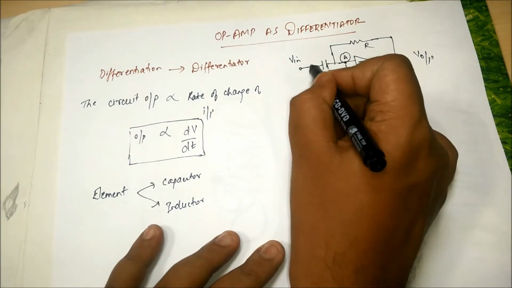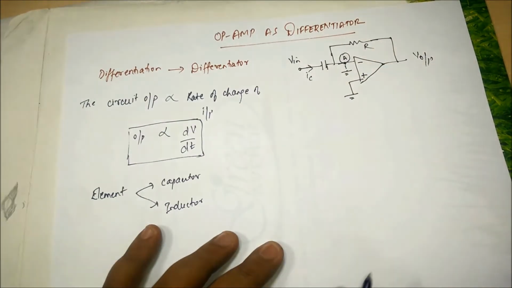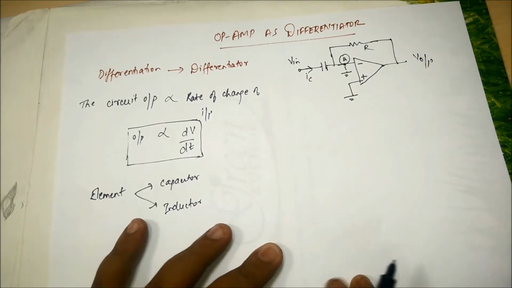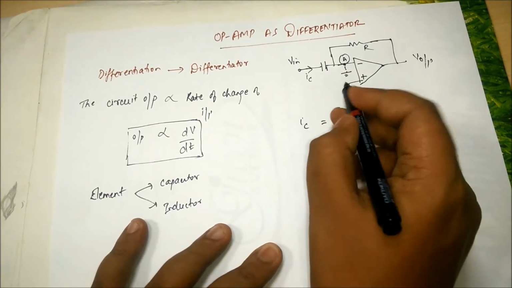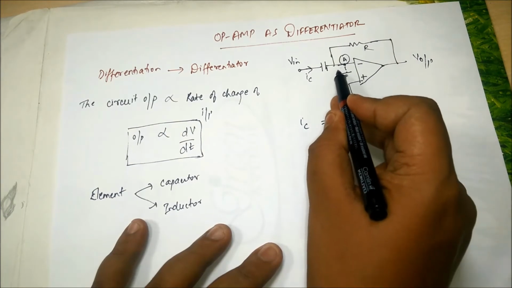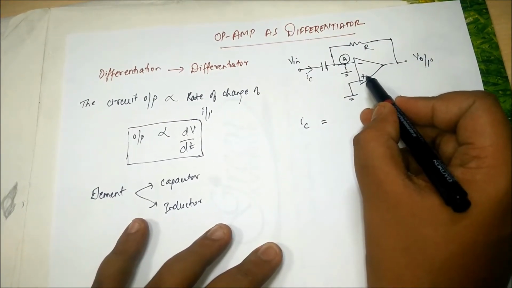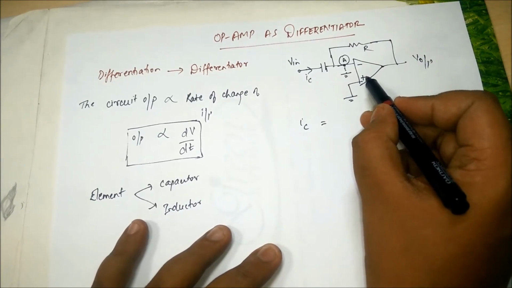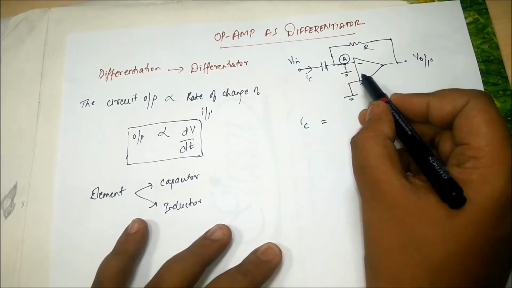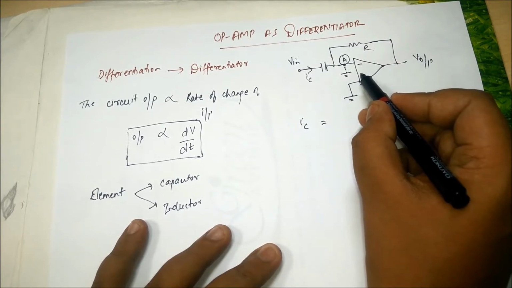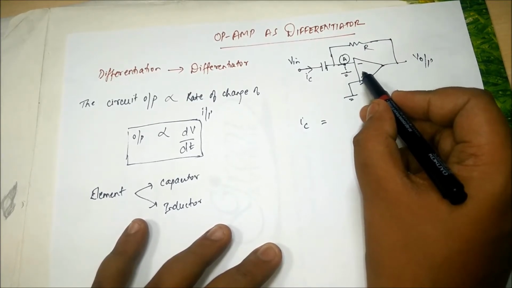The current which will be passing through it is called the capacitor current. Now this capacitor current, when it comes at node A, has two choices. One, it can enter into the op-amp, but we know op-amp has a very high input impedance. So if something has a very high input impedance, it is not going to allow current entering into it.